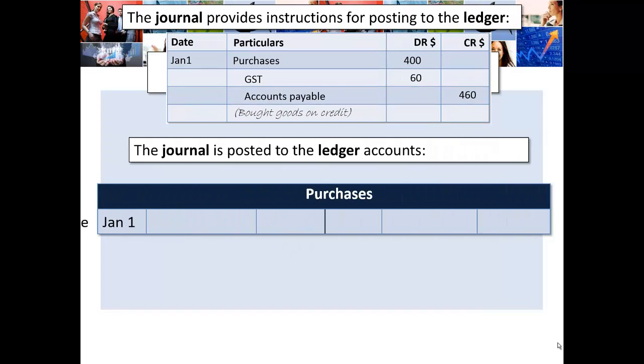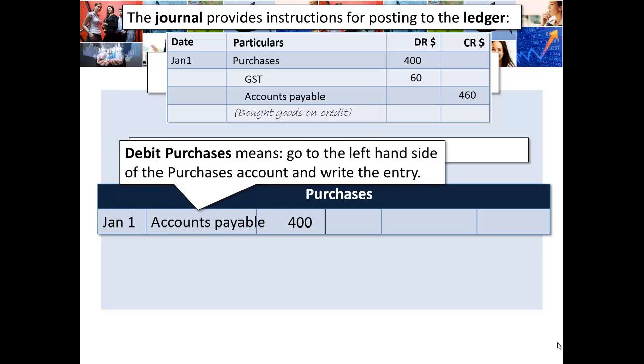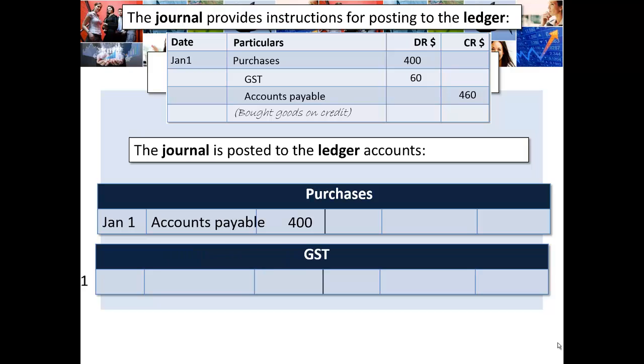Posting to the ledger accounts, we have got purchases 400. We are debiting purchases. We go to the left hand side of the purchases account to write that entry. Accounts payable being the cross reference.